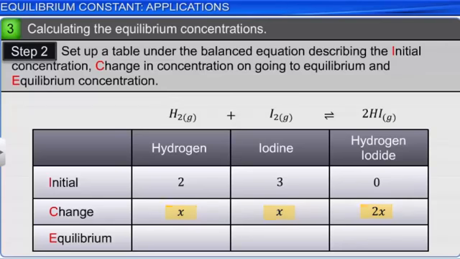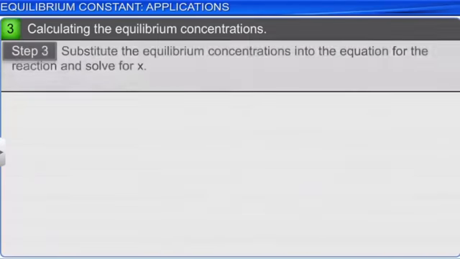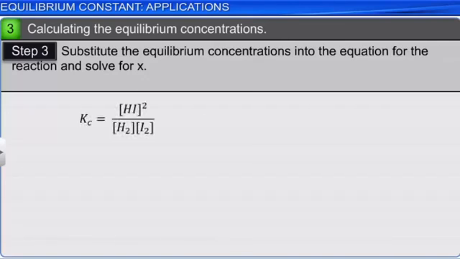At equilibrium, the concentrations of hydrogen, iodine and hydrogen iodide will be 2 minus x, 3 minus x and 2x respectively. In the third step, substitute the equilibrium concentrations in the equilibrium equation and solve for x. The equilibrium equation for the reaction is Kc equals the concentration of hydrogen iodide raised to the power of 2 divided by the product of the concentrations of hydrogen and iodine.